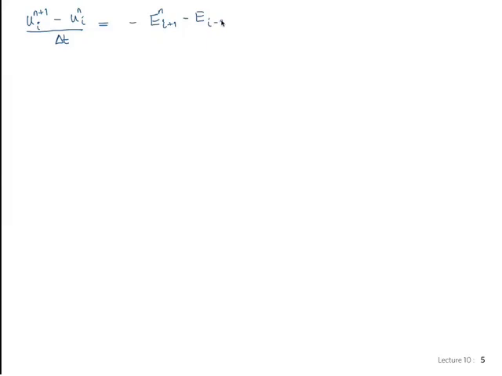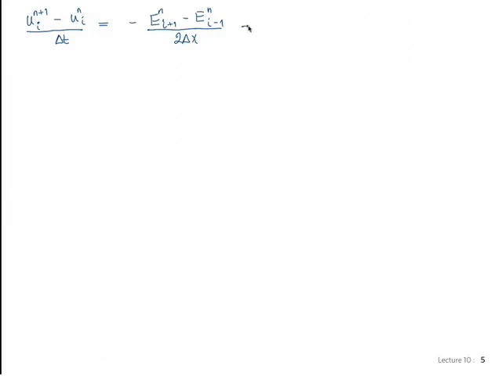So we have u_i^(n+1) minus u_i^n divided by delta t equals minus the first derivative of E with respect to x, so we use our central difference here, E_(i+1) minus E_(i-1), divided by 2 delta x.